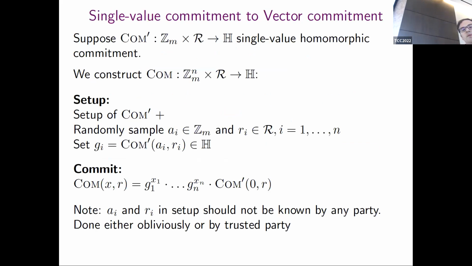If you have a commitment for single values, we can construct a commitment to vectors quite easily by taking the same setup, but now sampling commitments to n random values. And then in order to commit to a vector x, we take these values that have been sampled in the setup, raise them to the coordinates of x, multiply them, and then multiply by a commitment of 0 with the single-value commitment. And this simply works.